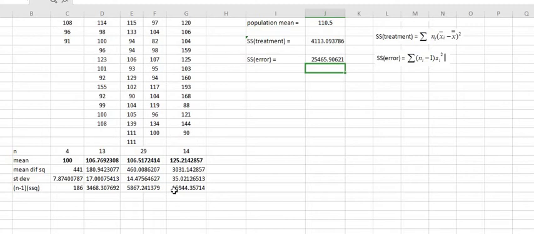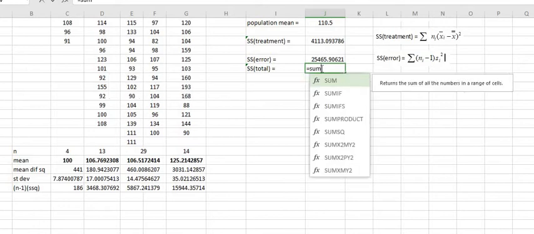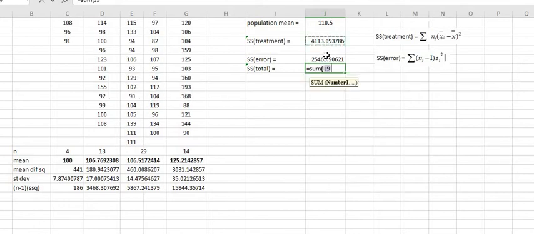25,466.90621. So that our SS total is equivalent to, of course, we will sum up this value, equals the sum of these two values. Enter. So, 29,597.